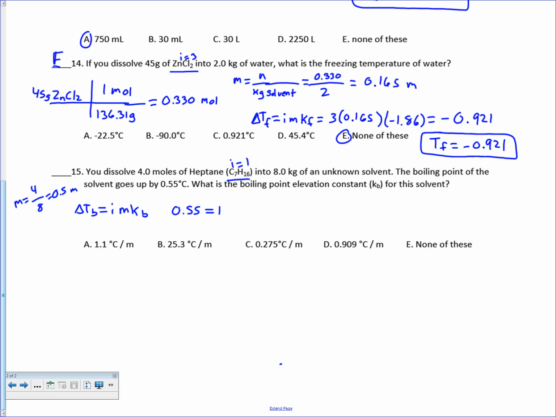Then we plug that in, 0.5, times Kb. Solve for Kb by dividing both sides by 0.5, and you get that Kb equals 1.1 degrees Celsius per molal, which is A.